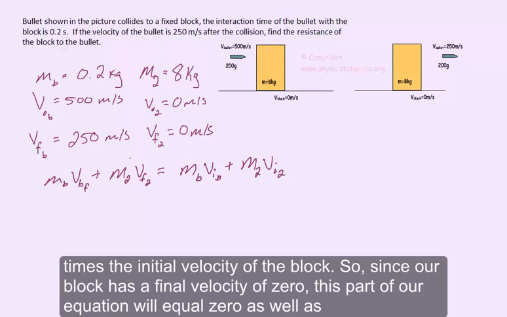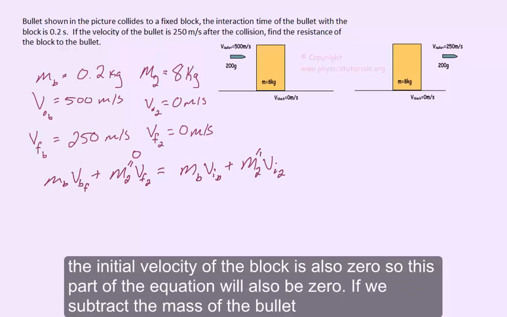Since our block has a final velocity of 0, this part of the equation will equal 0, as well as the initial velocity of the block is also 0. So this part of the equation will also be 0.